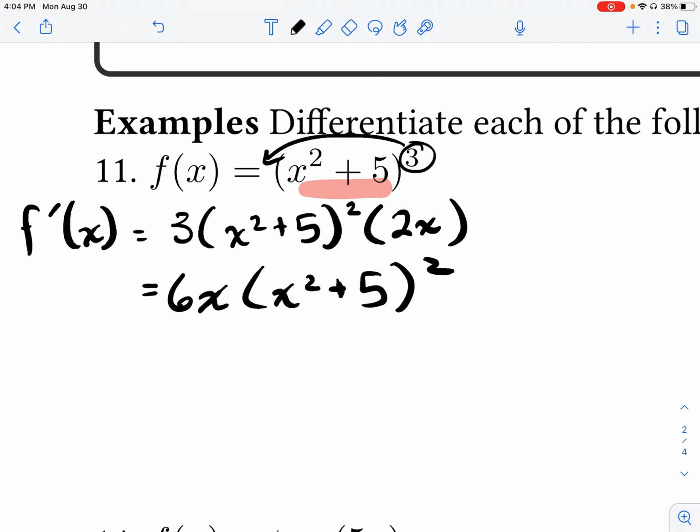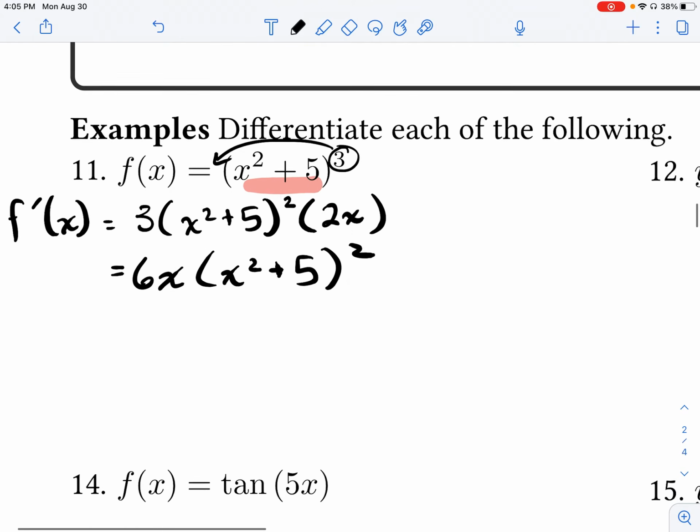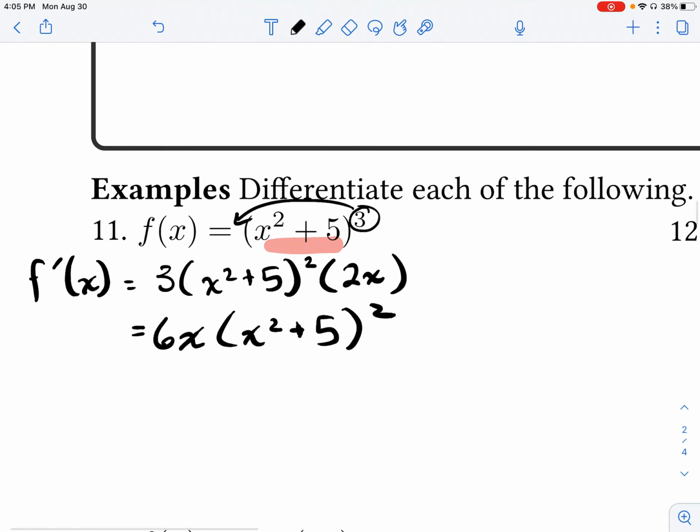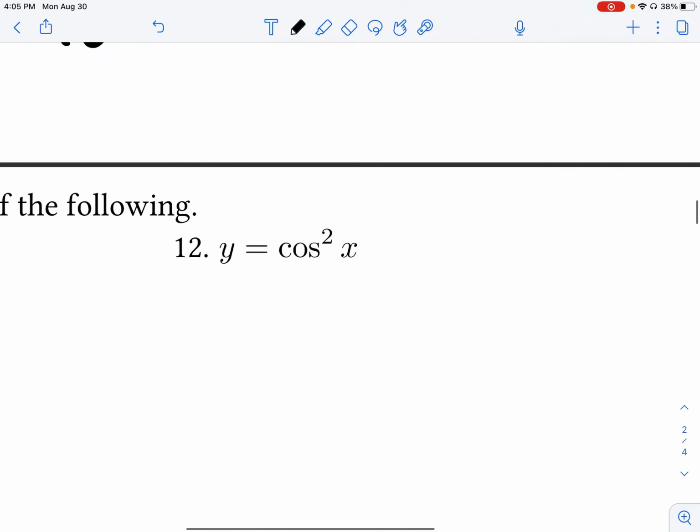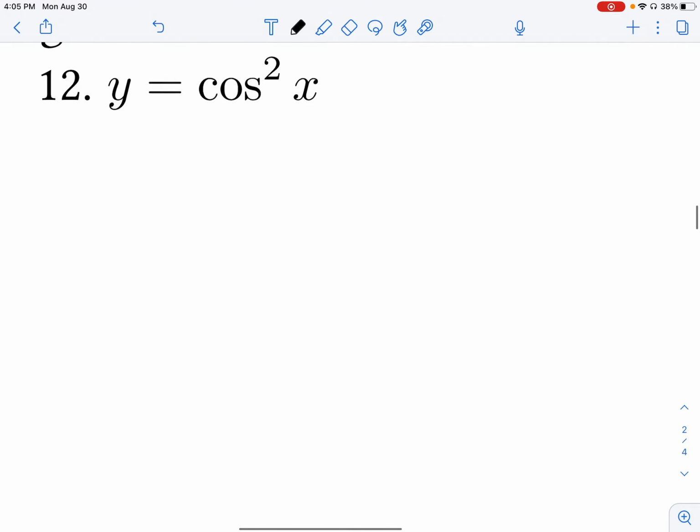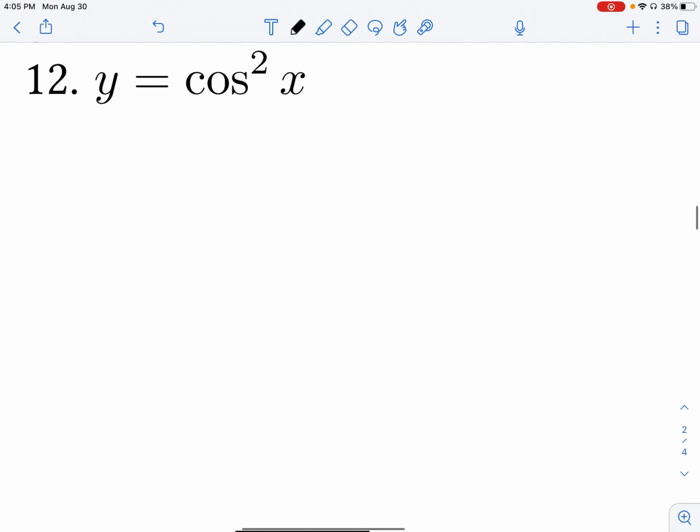It's a good idea to simplify when you can, simply because we're going to start using these derivatives quite a bit for other applications like related rates or implicit differentiation or even something like the second derivative test. And so it's a good idea to have our simplified function there. Let's try that with a trig function now, something like y equals cosine squared x.